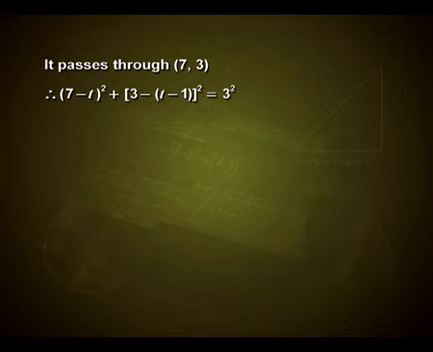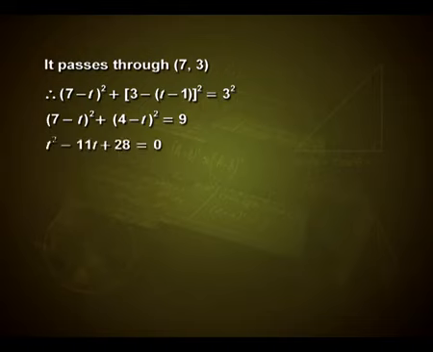It passes through the point (7, 3). Therefore, (7 - t)² + (3 - t + 1)² = 3², which on simplification can be written as (7 - t)² + (4 - t)² = 9, which can be reduced to t² - 11t + 28 = 0.